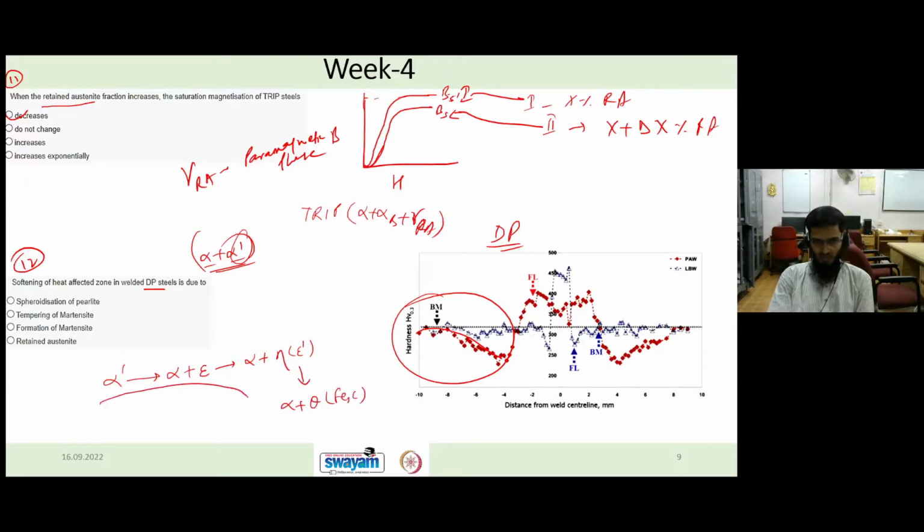So this phenomenon is nothing but tempering. The martensite is getting converted into ferrite plus carbide, and due to that the softening is happening, because martensite is the hardest one among these, and this is getting decomposed. So the tempering of martensite is basically responsible for softening of DP steel. Yeah, good.